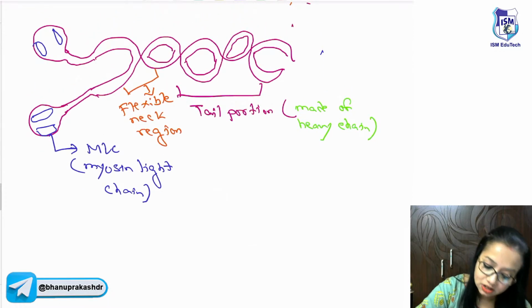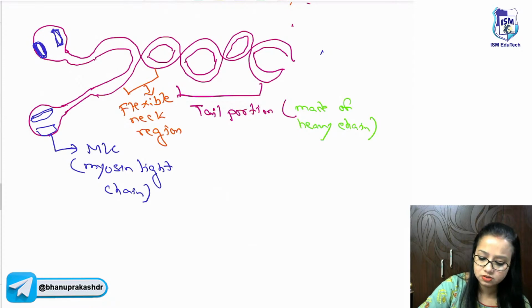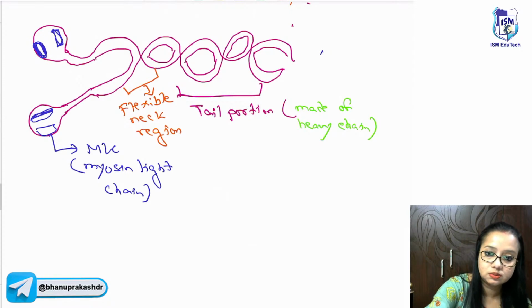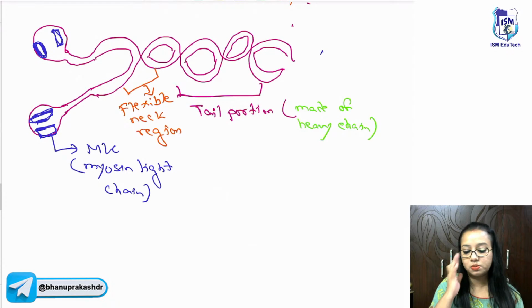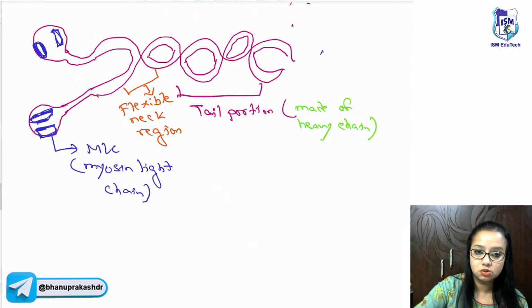Now, this has a binding site. Okay, this myosin light chain plays a very crucial and important physiological role.